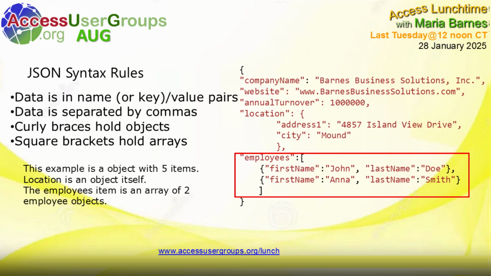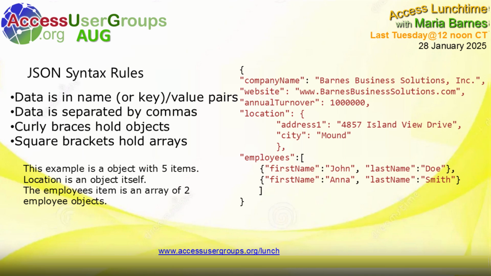And then in this case with employees, it has square brackets surrounding the curly bracketed lines. So the square brackets indicate that it's an array or a collection. And in general, the items within arrays and collections are of the same common kind of structure.